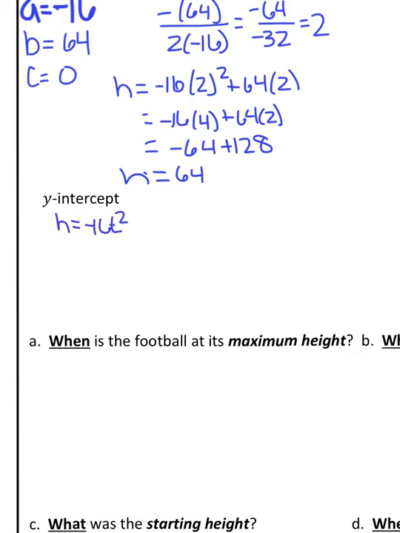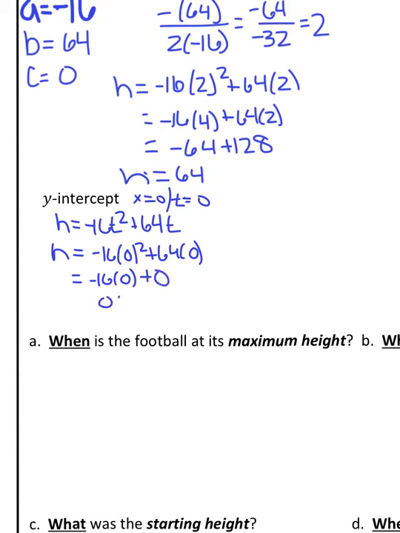I want to know the height when t equals 0. So negative 16 times 0 squared plus 64 times 0, which is negative 16 times 0 plus 0, and that's 0. 0 plus 0, 0.